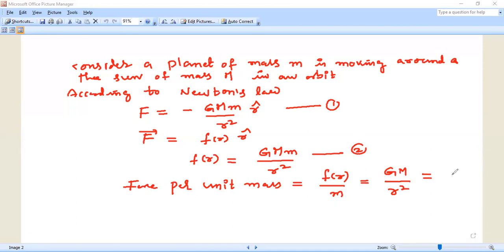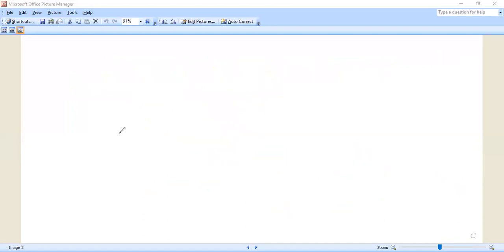I am writing that as mu by r square, where I have taken the substitution mu is equal to capital G capital M. Of course, capital G is Newton's gravitational constant, and M is the mass of the sun. Now, here the gravitational attraction force exerted by the sun on the planet is the central force.